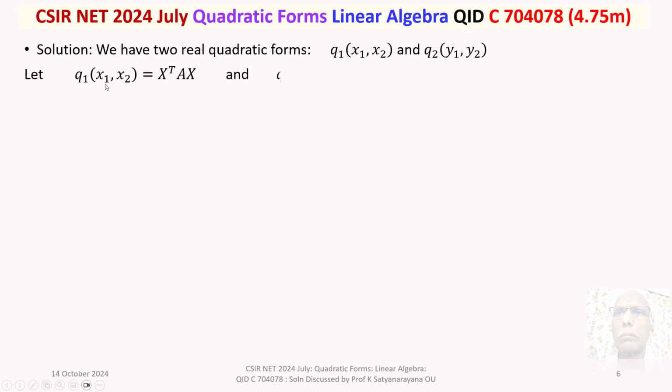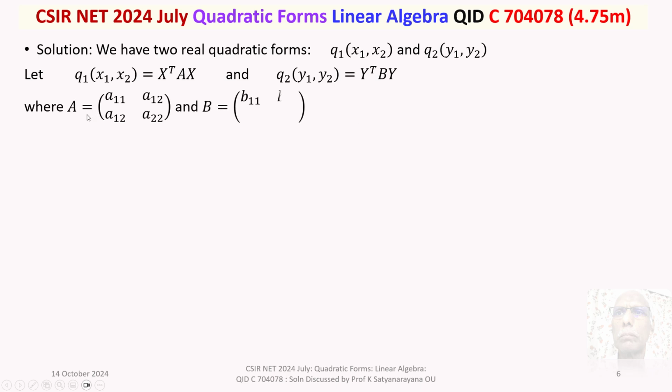Let Q1 of (x1, x2) be equal to X transpose AX, and Q2 of (y1, y2) be Y transpose BY, where A and B are 2 by 2 real symmetric matrices, where A is equal to [A11, A12; A12, A22].